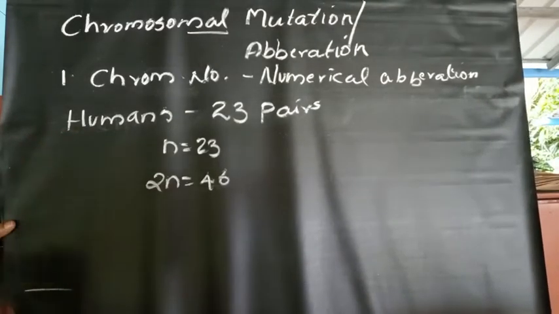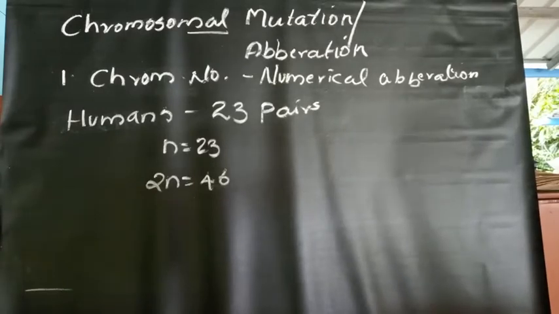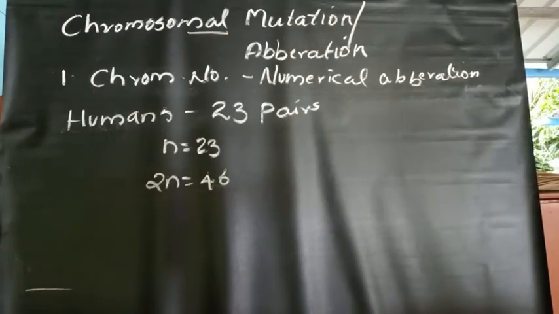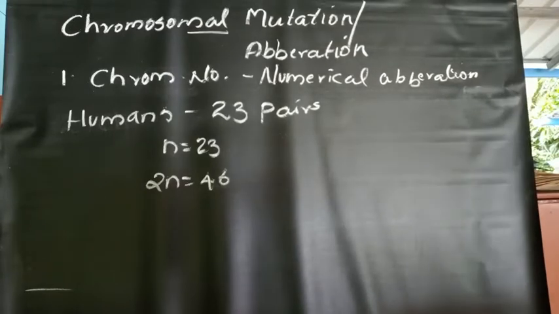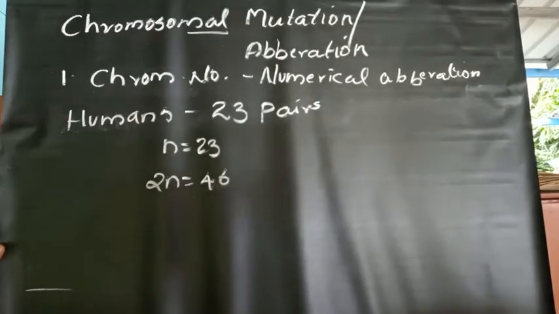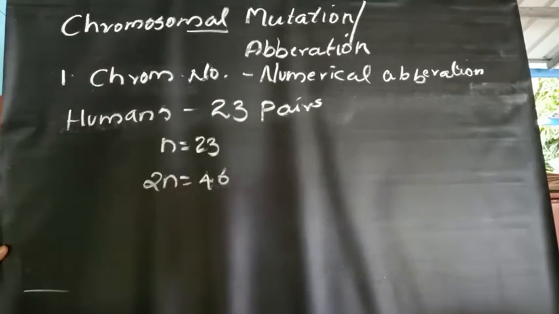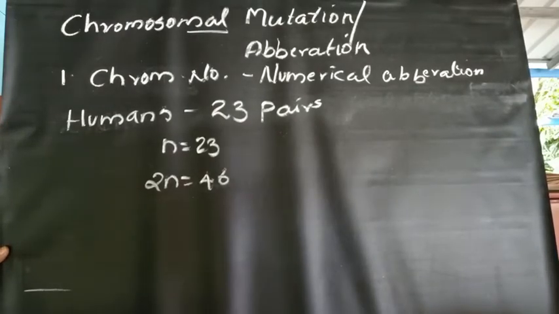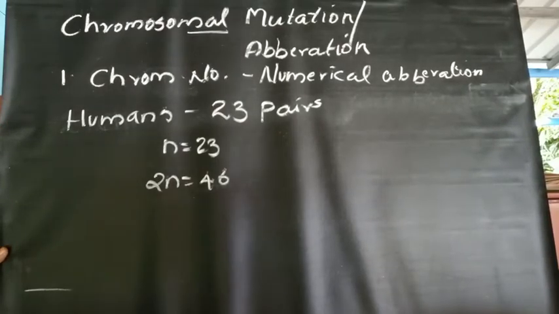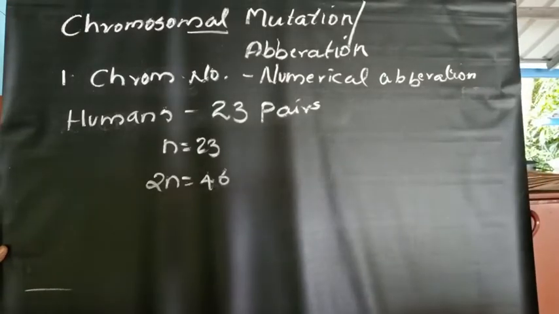This is the case in humans, and it can happen in any organism, either plants, animals, whatever it is. Sometimes the chromosome number of somatic cells is changed. Normally, chromosomal aberrations may affect the somatic cells. It also affects the gamete cells, but normally the mutation takes place in somatic cells.